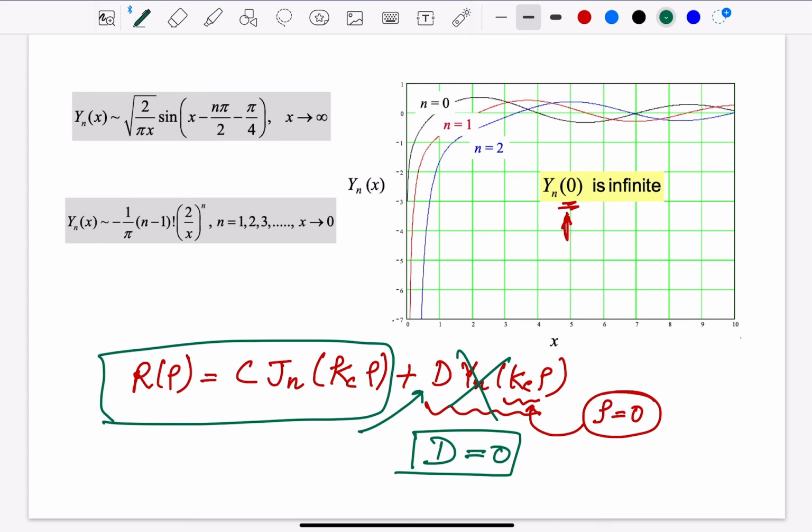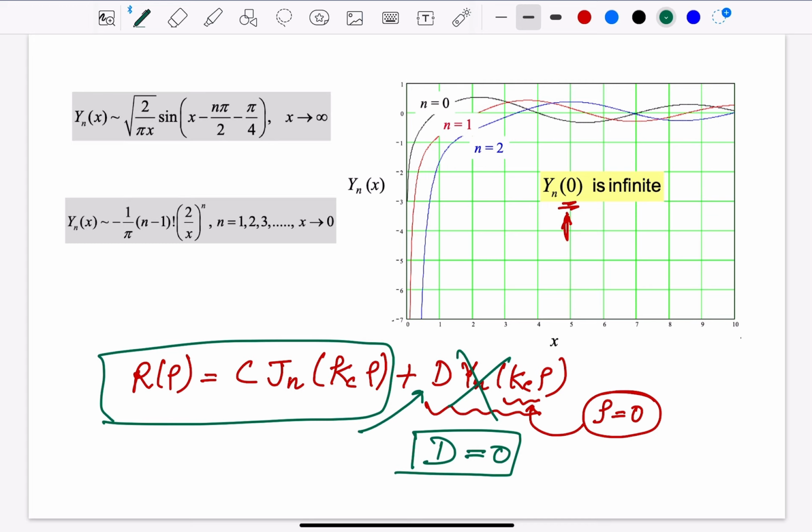Hopefully this explanation is clear to all. It's very important, because at rho equal to 0 this is infinity, which is physically unacceptable for the circular waveguides, and that is why this constant must be 0.